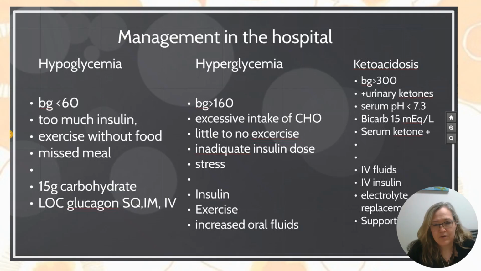Of course, I put this slide on here so you could kind of remember the difference between the treatment for hypoglycemia, hyperglycemia, and ketoacidosis. So with ketoacidosis, things you want to think about, first of all, if they have high glucose, you're going to have to assume that they're dehydrated, because the glucose has a different osmotic pressure, and it pulls fluid with it out of the kidneys and out into the urine.